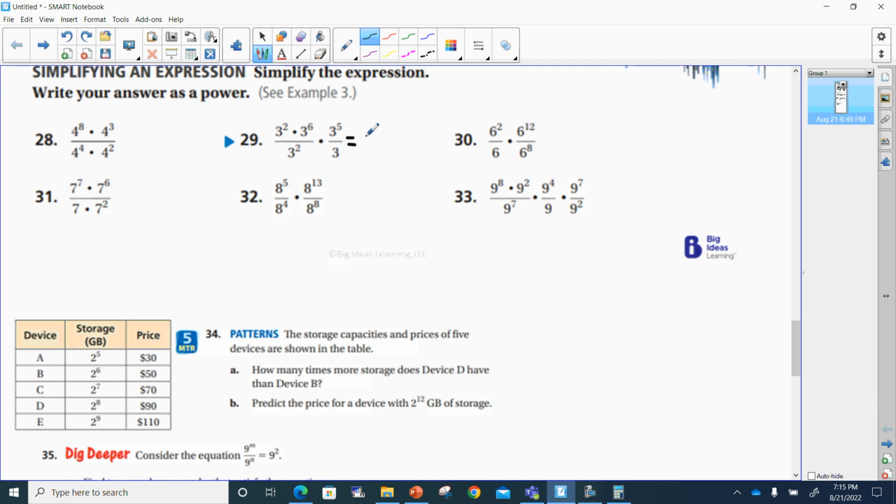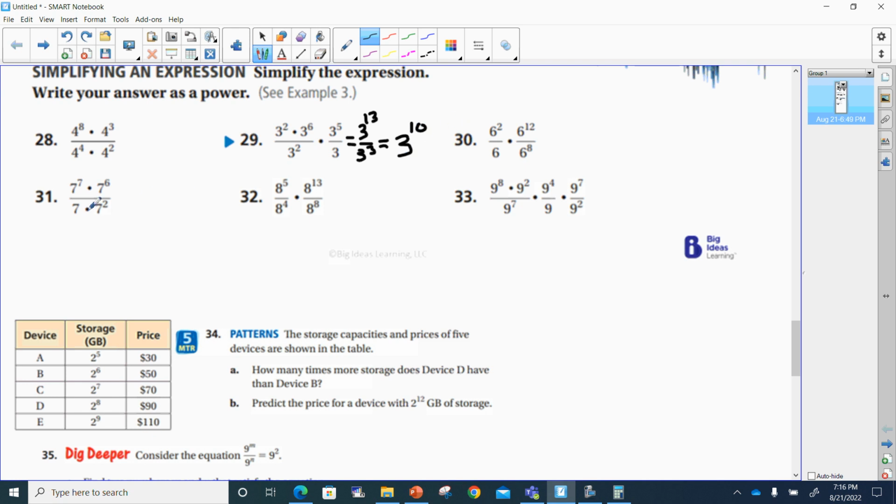So this is 3 to the 13 over, well, 3 to the second times 3 to the 1 makes 3 to the 3. This is pretty easy because 13 minus 3 is 10. So this would be 3 to the 10th.